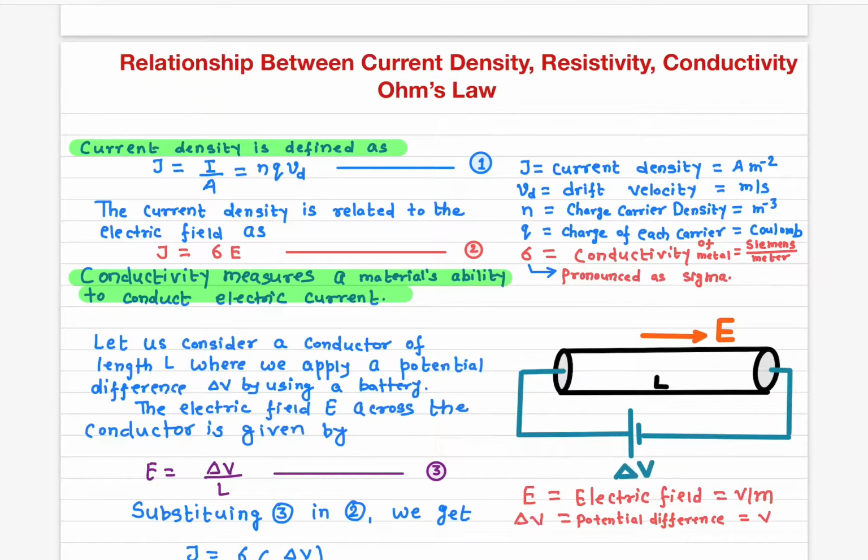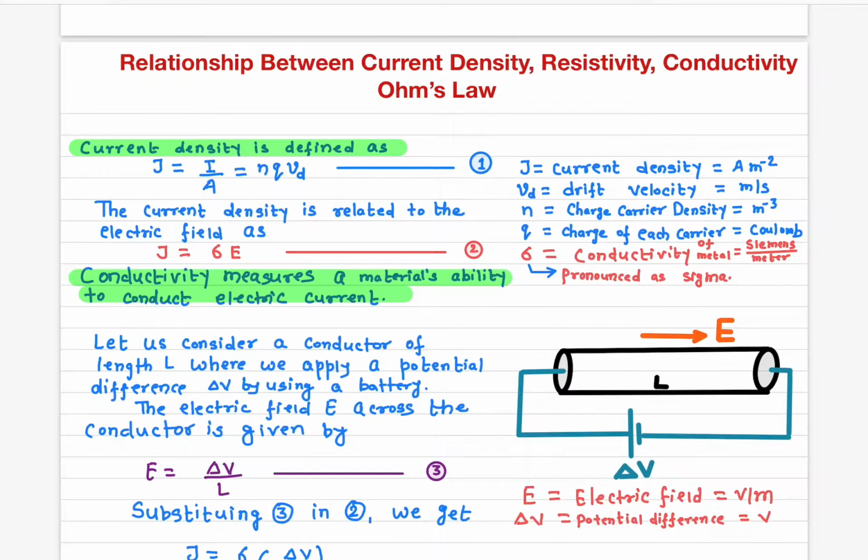In this video, I'll talk about a very important relationship between current density, resistivity, conductivity, and from those relations, we'll derive an equation that we are very familiar with, called Ohm's law.